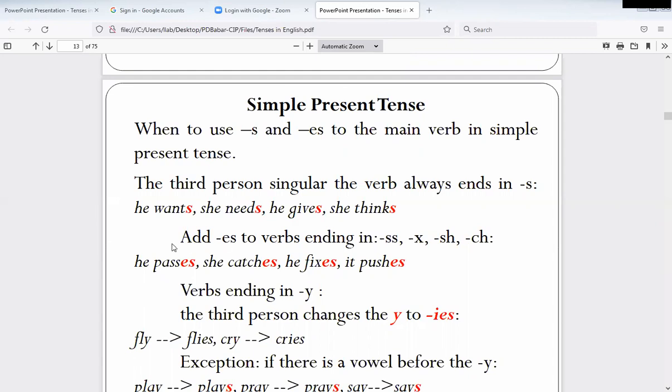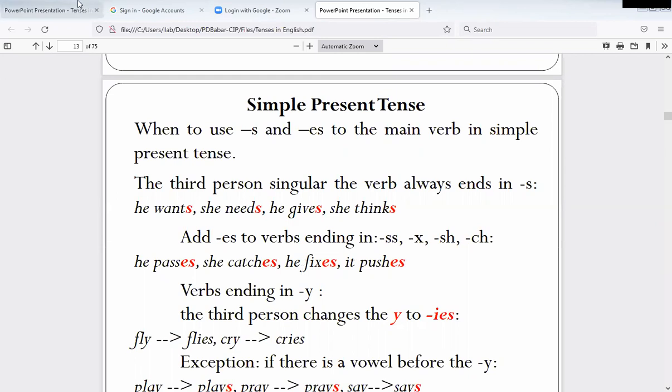Then the next tip in this form is to add ES to verbs ending in ss, x, sh, ch. So if the verbs end with ss, x, sh, or ch, then we will have to add ES as a suffix to that verb after the third person singular.